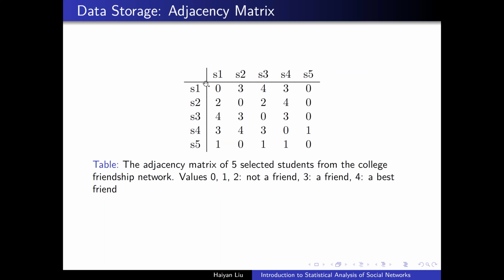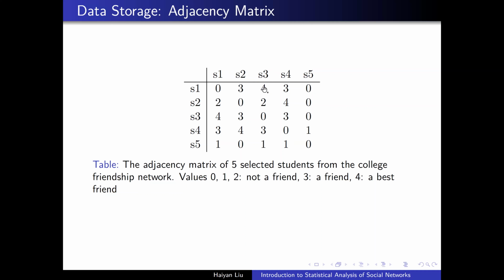Now, in an adjacency matrix, both the row names and the column names are the nodes. So we have 5 nodes, node 1, node 2, node 3, node 4, node 5, in the rows and the columns. Each element in the matrix describes the relationship of the row node, say node 1, and the column node, say node 3.